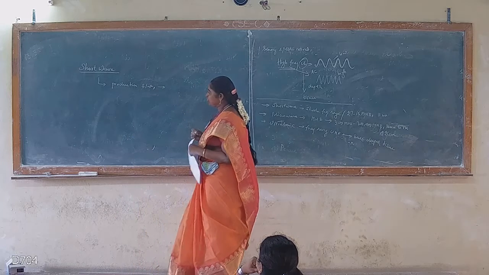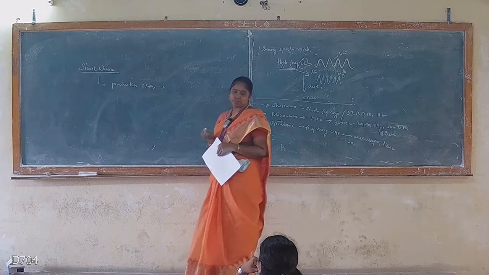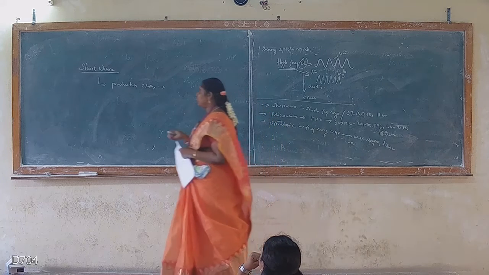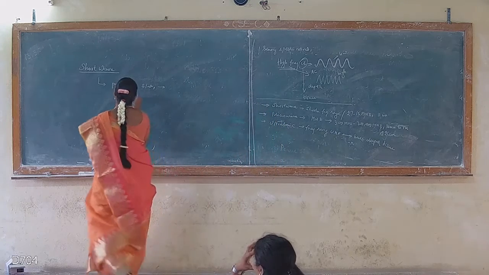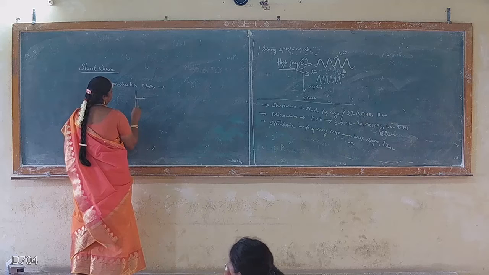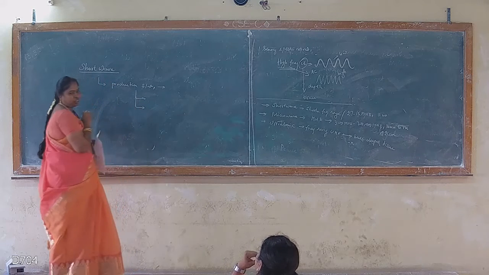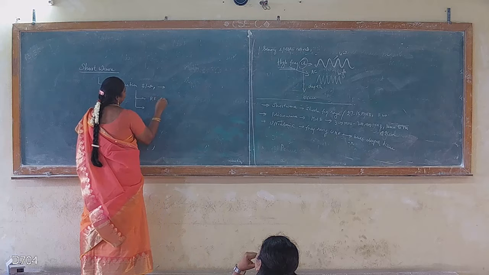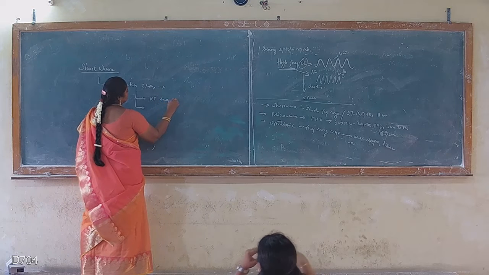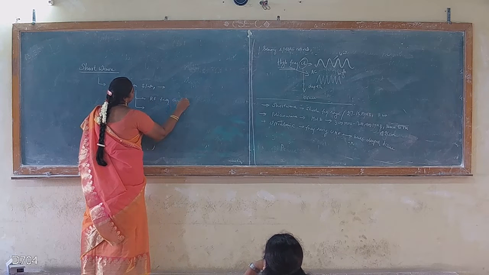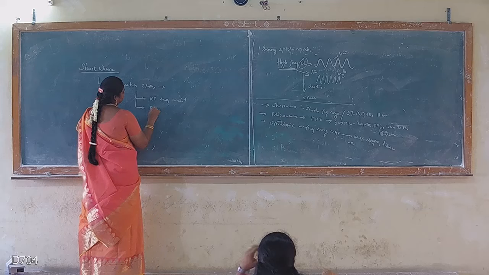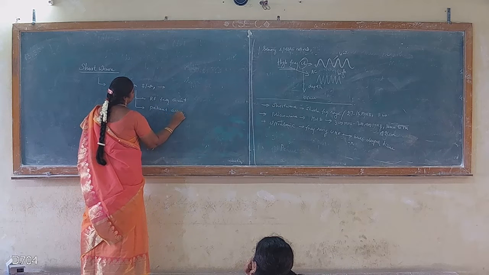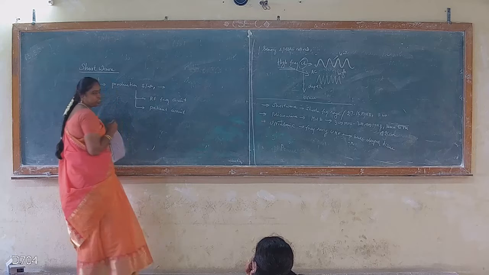In the production of the shortwave, what type of electronic circuit do we use? Here the electronic circuit consists of two parts. One is the RF frequency circuit. The other one is the patient circuit. So it consists of two circuits basically.